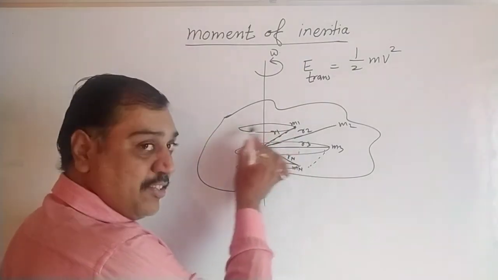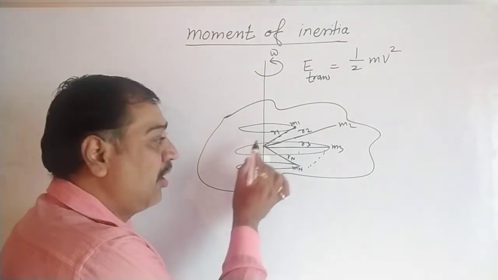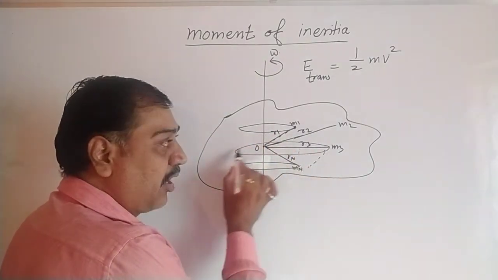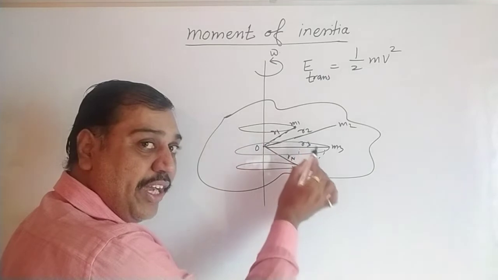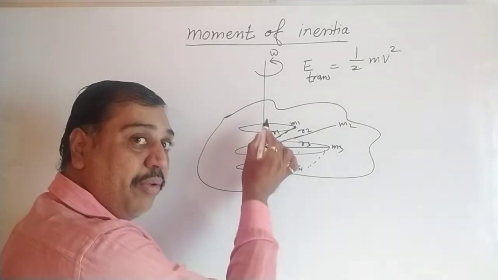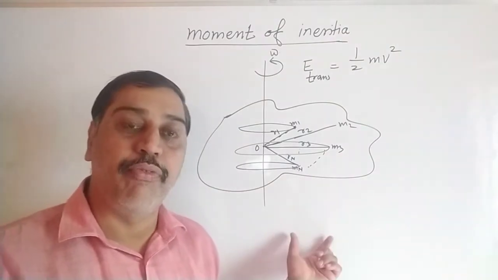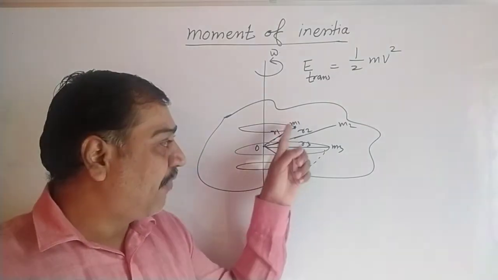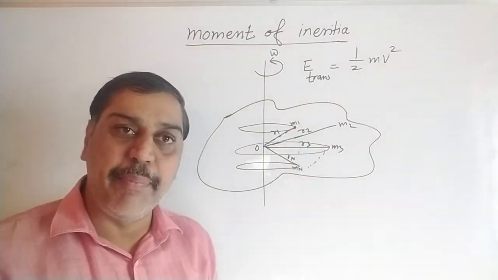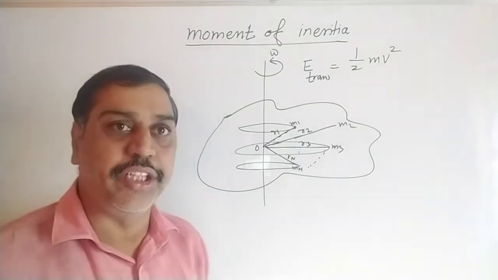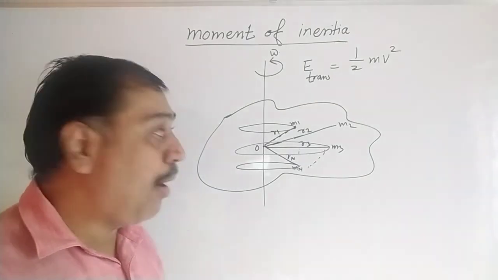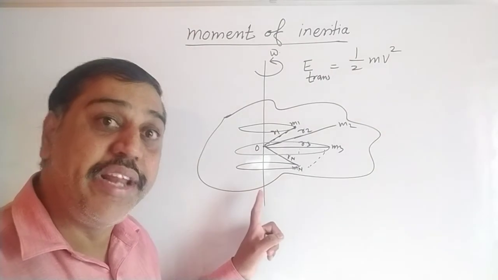The first circle is small, so velocity v1 is small. The m3 circle is a little bit bigger, which means it has linear velocity larger than v1, and so on. That means when this body is performing rotational motion, the different masses kept at different distances from the axis of rotation are rotating about this axis with different linear velocities.